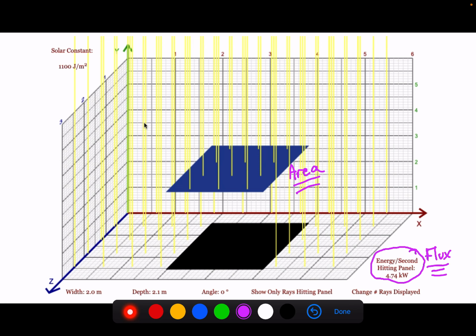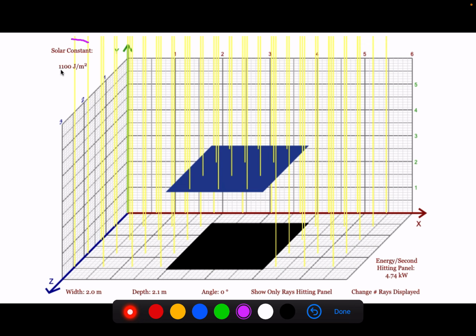It turns out to be a proportional relationship. If you double the area, you will double the flux. Doubling the area doubles the flux. Factor number one. This is why we want to have big solar panels. The bigger the solar panels, the more flux we are going to be able to have, which means we're going to be collecting more energy.